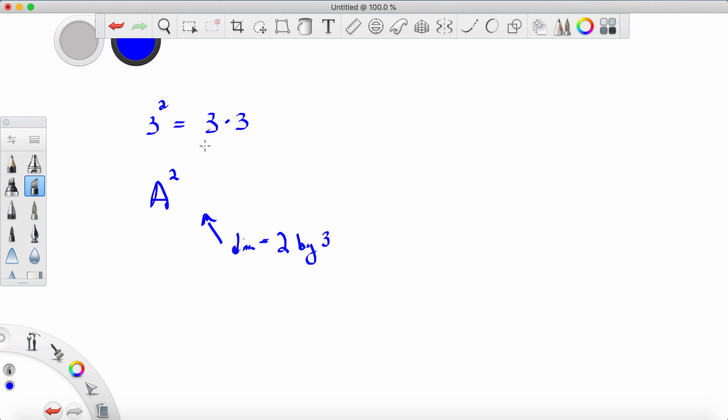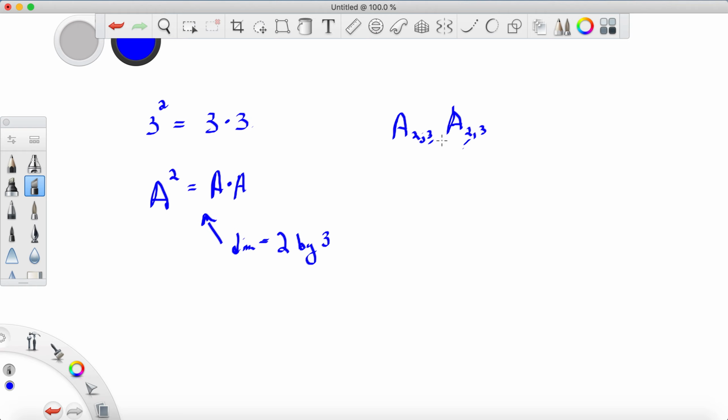Well, the most natural thing would be to just say that A squared is equal to A times A. However, this wouldn't work out because if you have a matrix A that is 2 by 3 times another matrix A, which has dimensions 2 by 3, notice that the inside indices do not match, and so we cannot produce a new matrix.